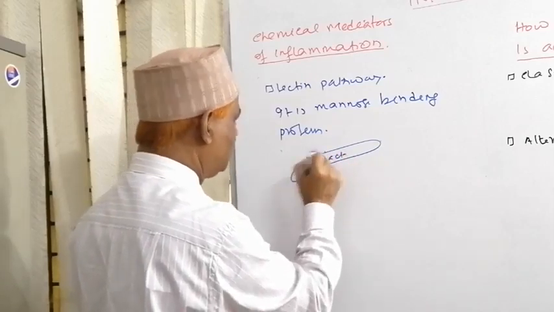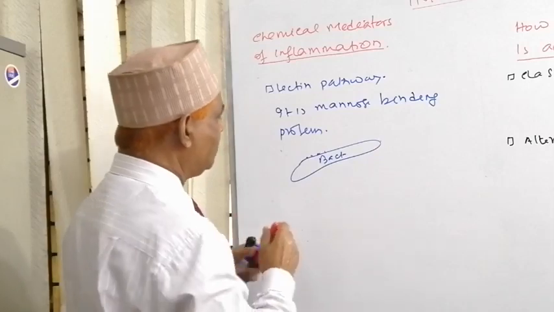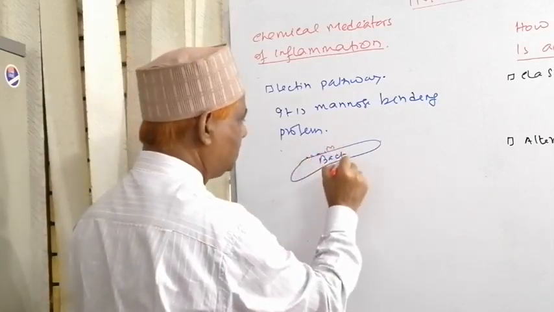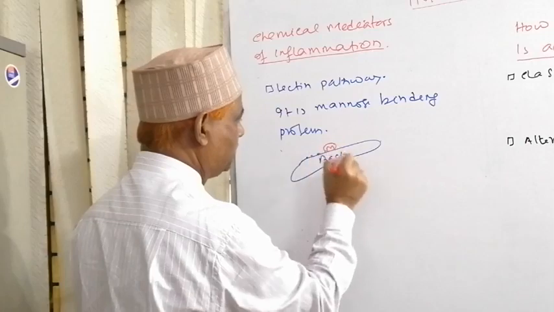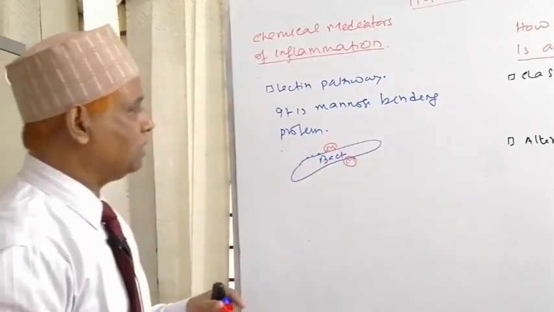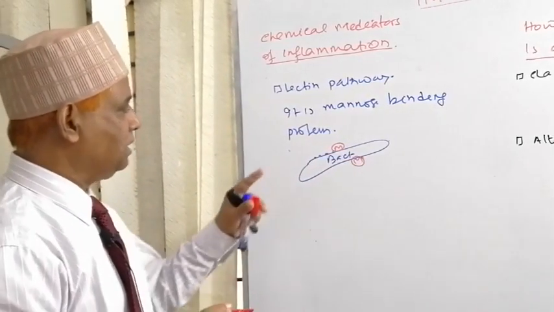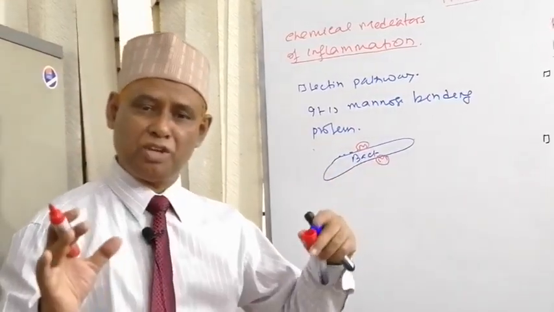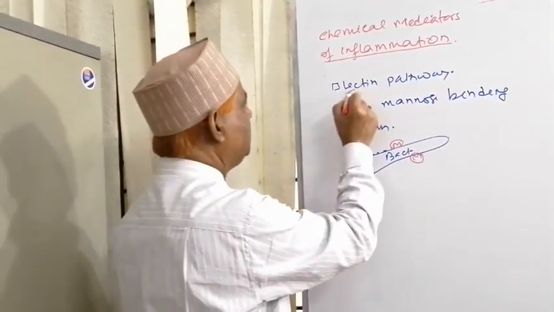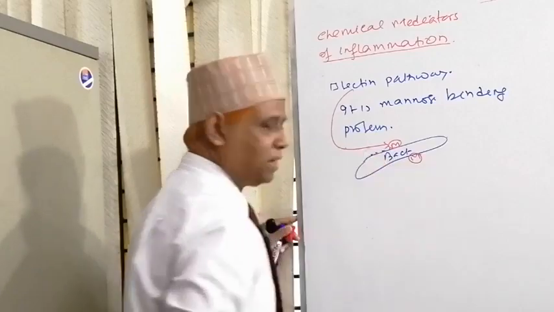If the bacterial wall contains mannose, here M denotes mannose, and if anybody is infected with such a bacteria, this lectin will bind with the mannose of the bacterial wall.